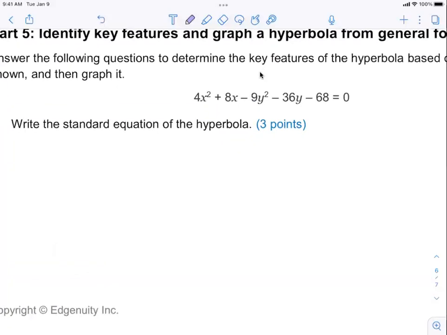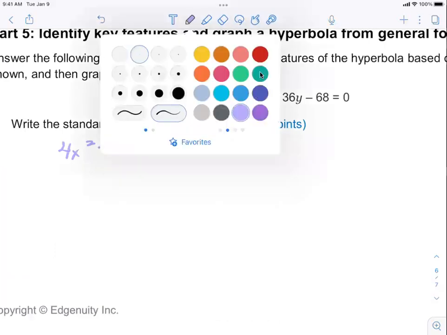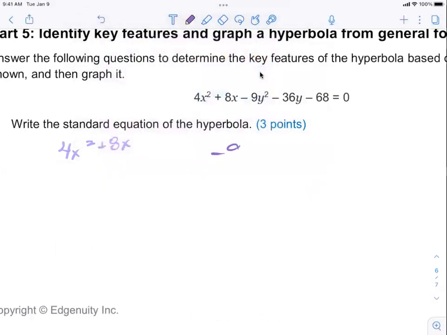So I'm going to start with 4x squared plus 8x. And then I'm going to have minus 9y squared minus 36y. And I'll move the 68 to the right-hand side. And then in order to complete the square, you don't want an a term.